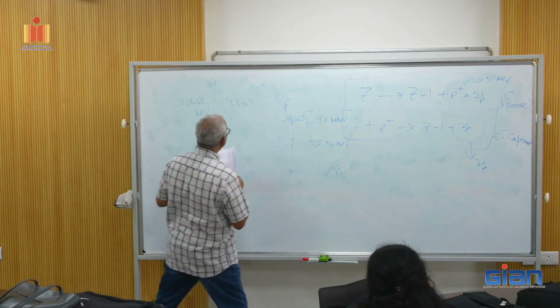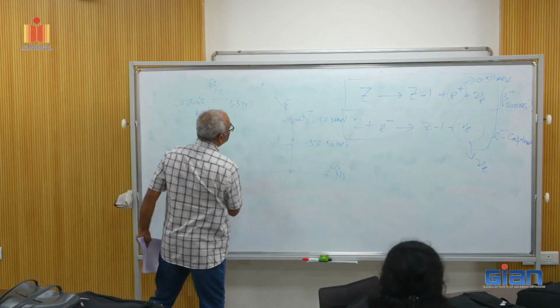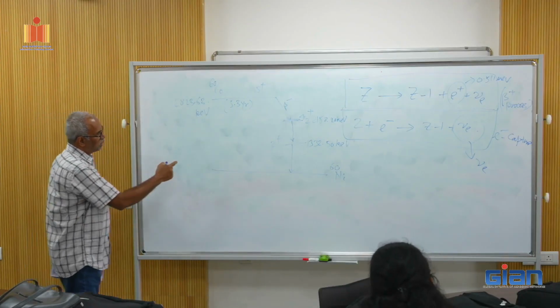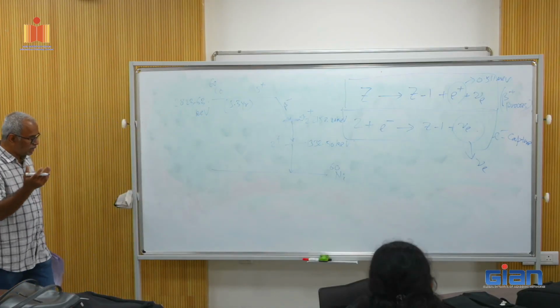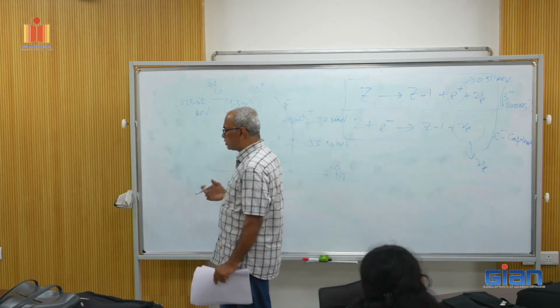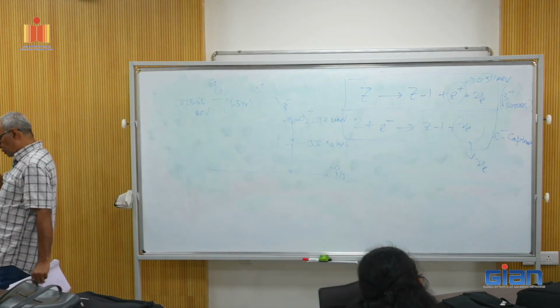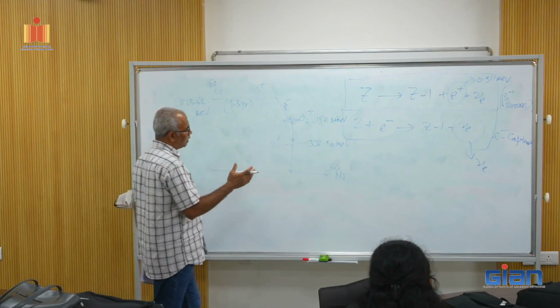So sometimes there will be alpha emission, but mostly it is the beta which is accompanied by gamma rays. This is the basic difference between gamma and X-ray. As you notice, X-rays are emitted whenever you have an atomic transition, basically whenever there is a vacancy in certain atomic levels.